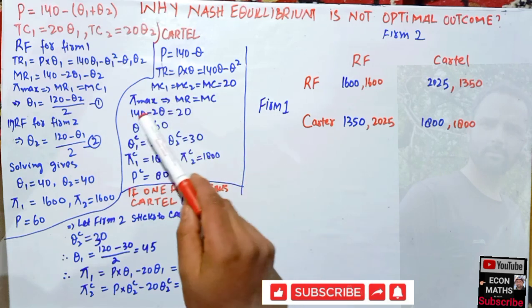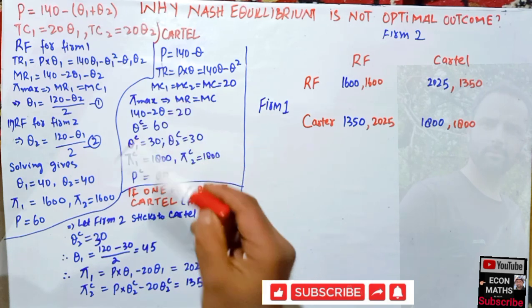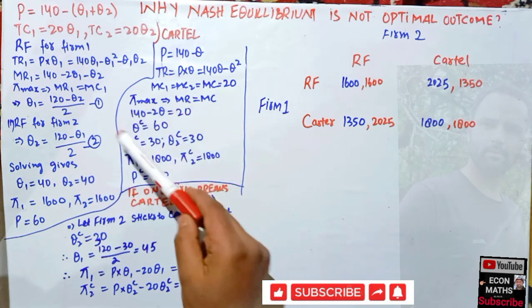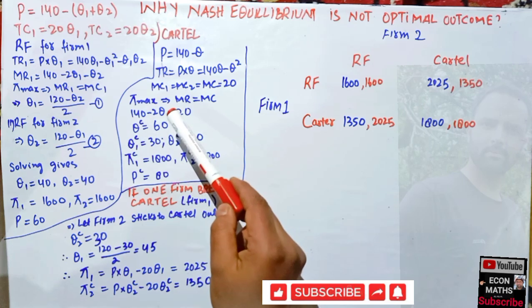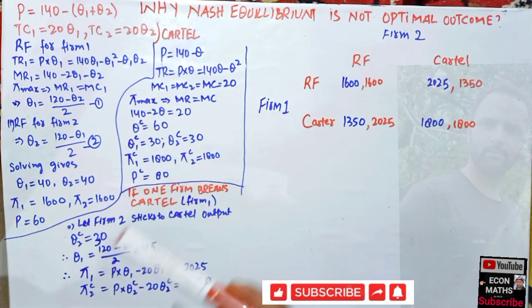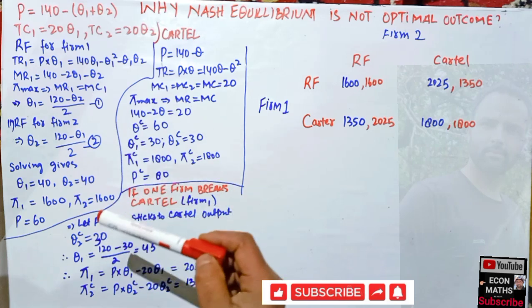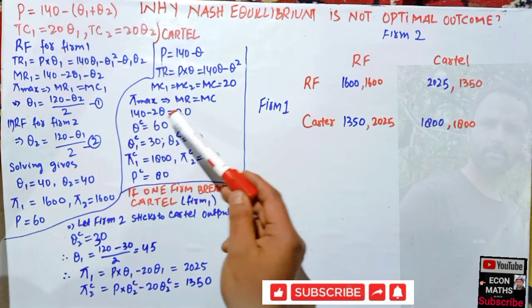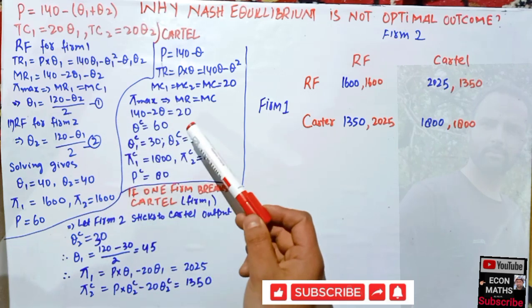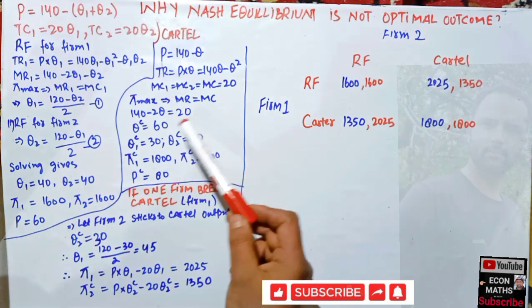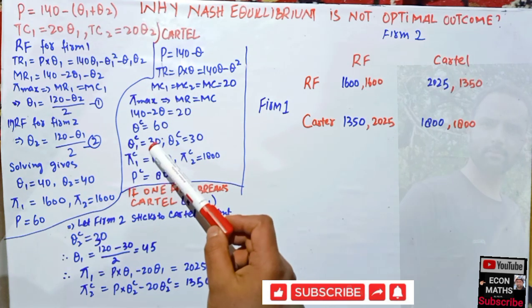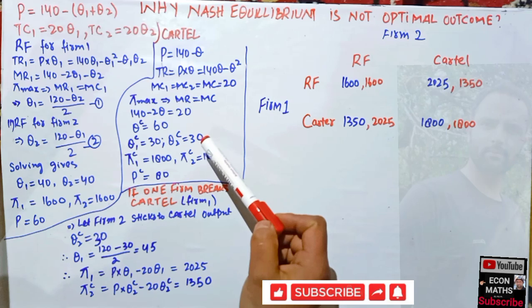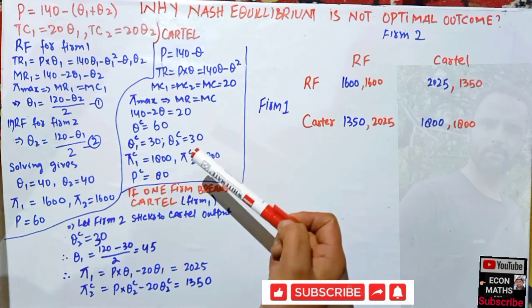When we solve this, according to the cartel, 60 units will be produced. Since total production is 60, it will be divided between the two firms: firm 1 will have 30 units and firm 2 will have 30 units, since only two firms are in this case.